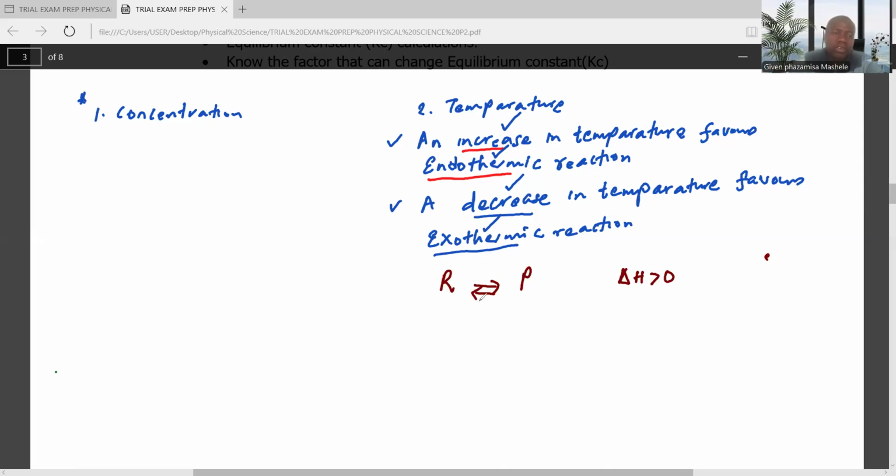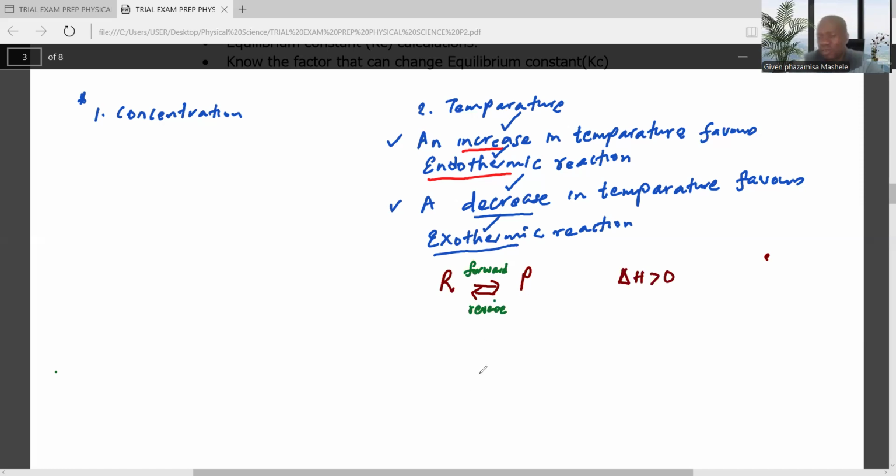This double arrow means, listen to me very well: if we move from reactants to product, this is called a forward reaction. But if we move from product to reactants, then this is called a reverse reaction.